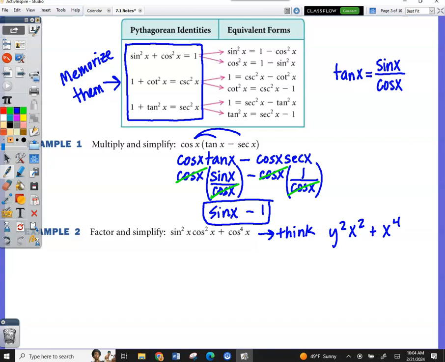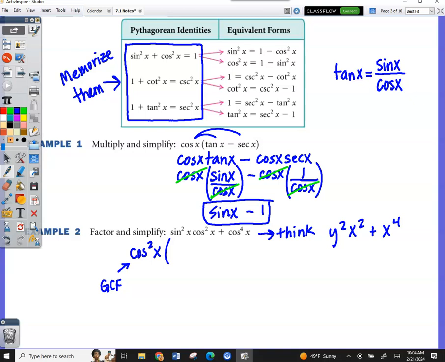GCF is always the smallest exponent. So I can pull, just like over here, I can pull an x squared out. I can pull a cosine squared out. So we're going to make a note. I'll write it here. Cosine squared x. And then we'll make a note that that is my GCF. Now I need to write what's left if I divide that to the front.